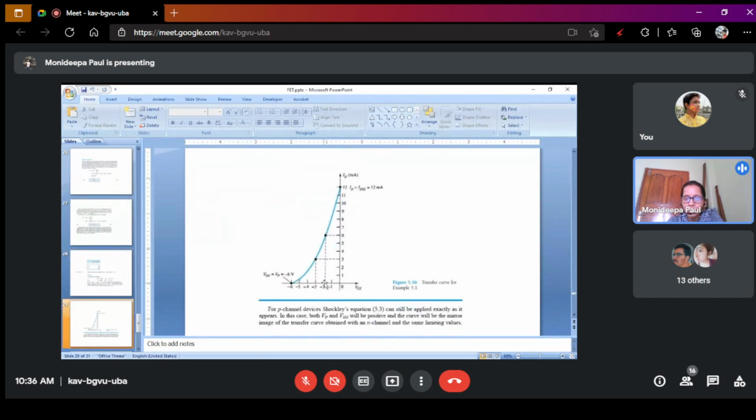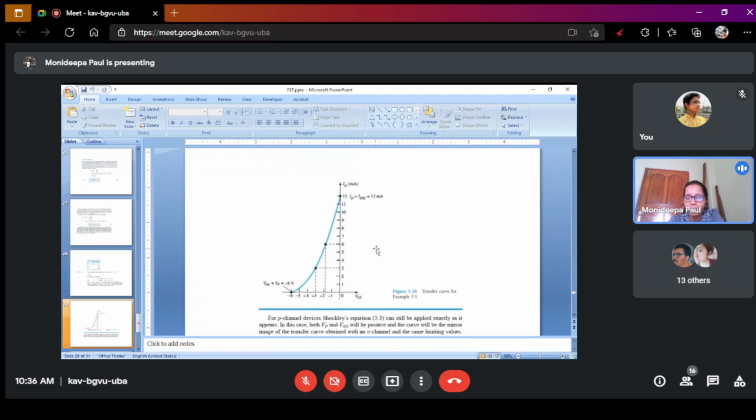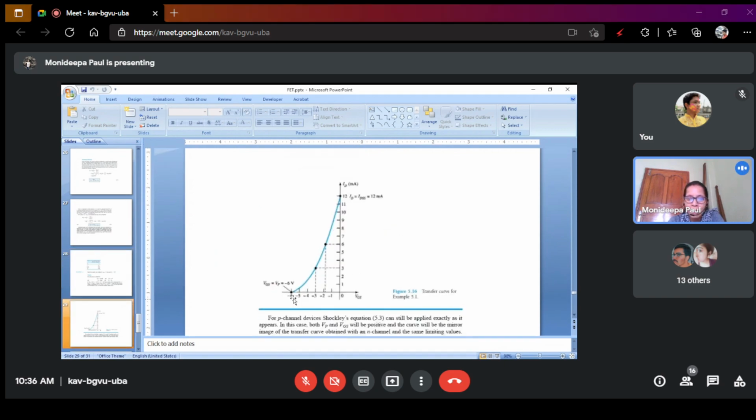And from the given condition in the numerical problem, when VGS is equal to 0, IDSS is equal to 12 milliampere. When VGS is equal to VP, that is minus 6 volt, ID is equal to 0. Then you draw these 4 points and you get the transfer curve. In this way, you can draw the transfer curve using the shorthand method.